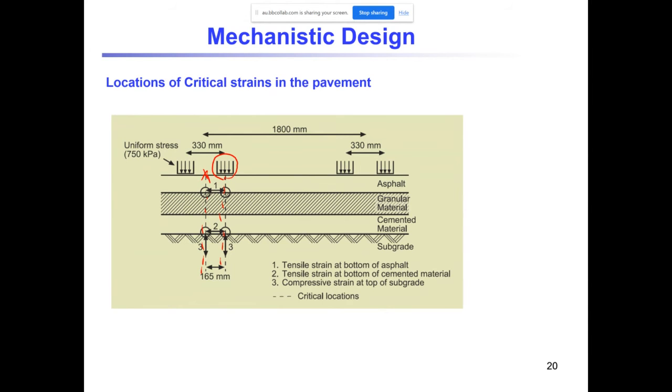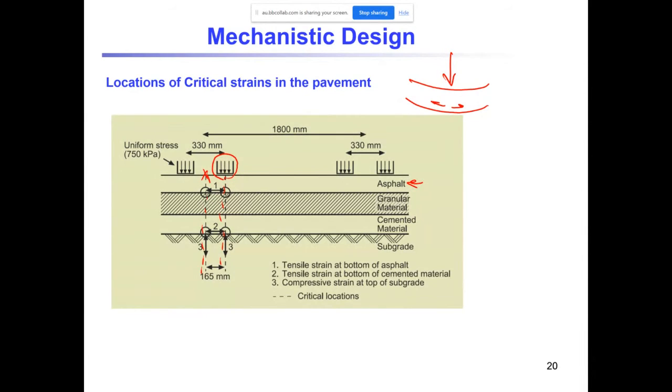But for different layers, the critical strain would be different in nature. For example, for asphalt, we need to check the tensile horizontal strain at the bottom of the layer, right? You remember the beam analysis. We have a large tensile strain at the bottom of the layer when you are applying a load to a beam, for example.